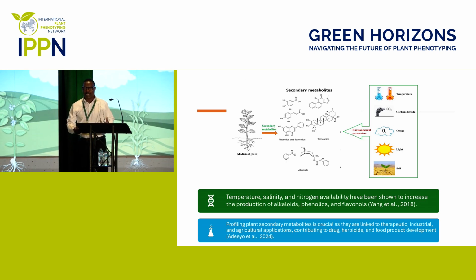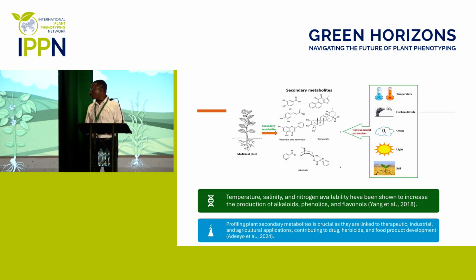We have noticed that the environment plays a very crucial role in as far as secondary metabolite production in plants is concerned. I'm not going to elaborate further because this is a poster, but some of them that I may mention: temperature, salinity, nitrogen availability.